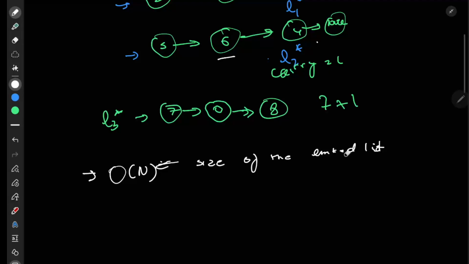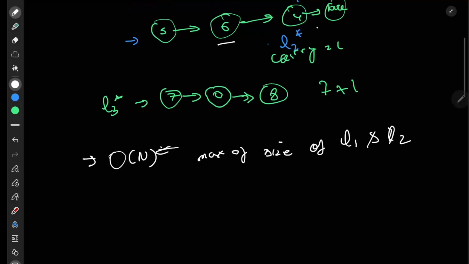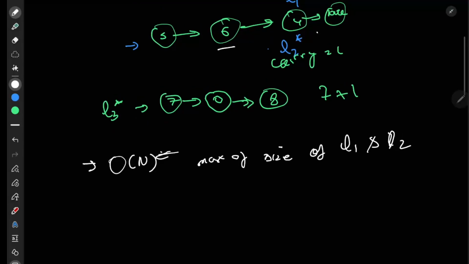So instead of just saying that it will be the size of the linked list, we can say it will be the max of size of L1 and L2, right?